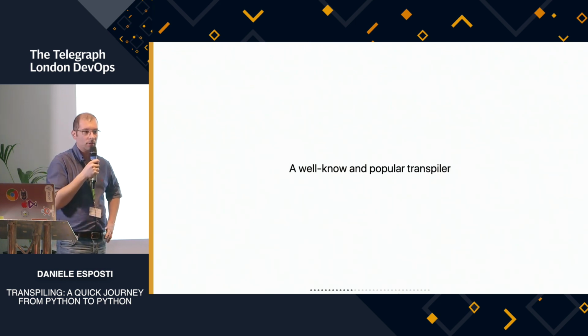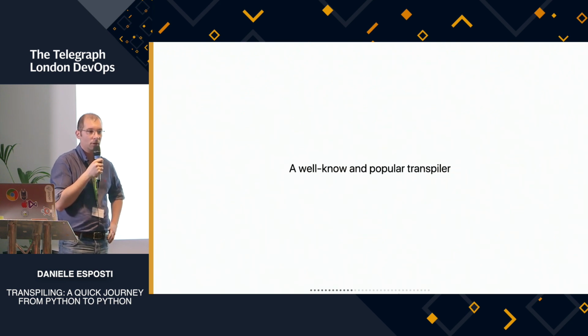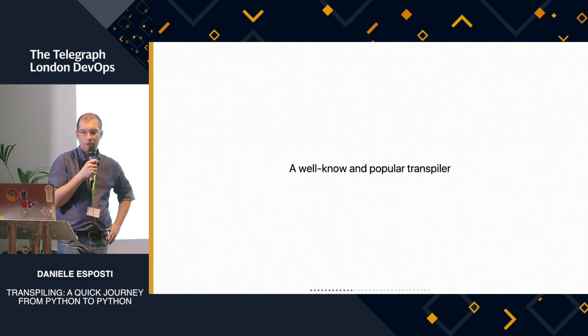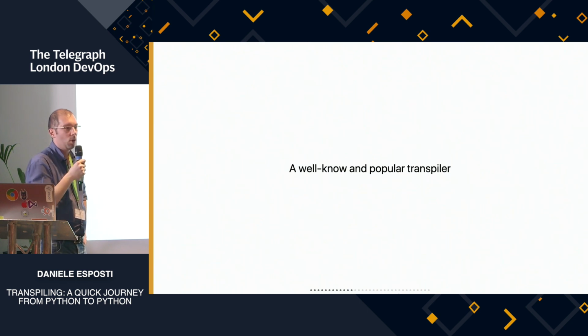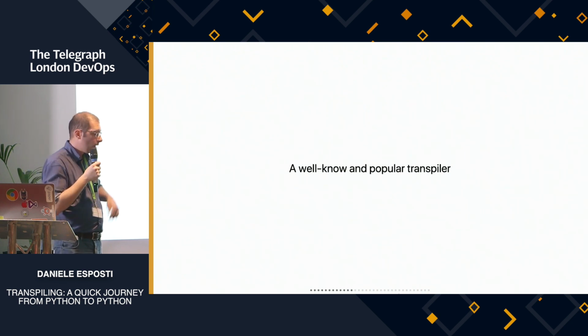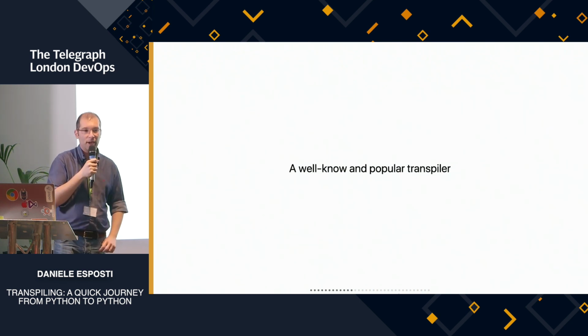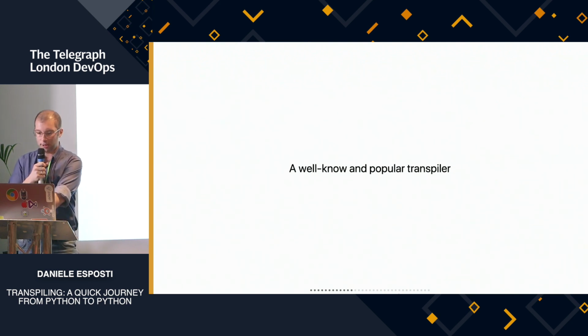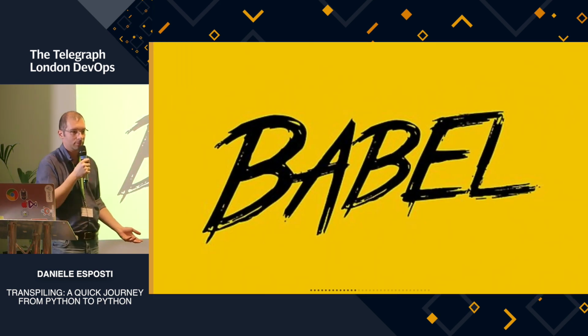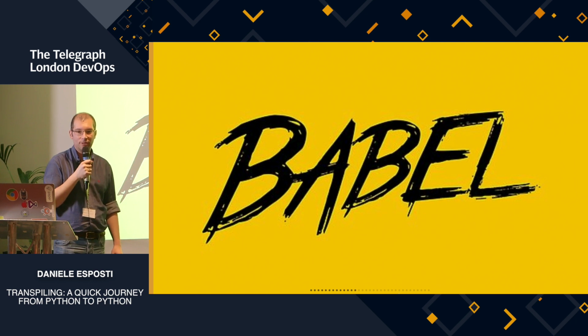Probably if there is someone here who is a JavaScript developer or front-end developer, you already know the name of at least one very famous transpiler, which is Babel. I think for sure you have heard about it in some way.